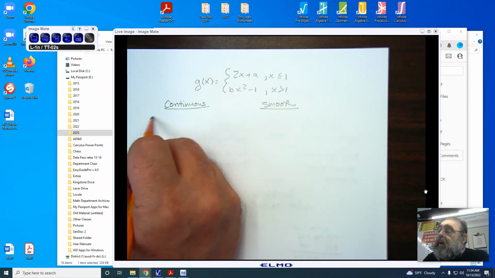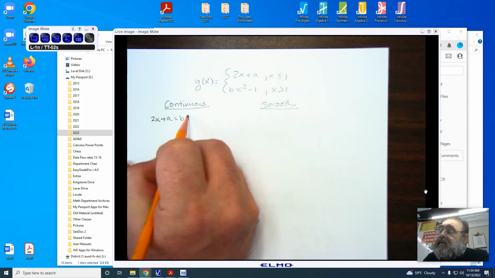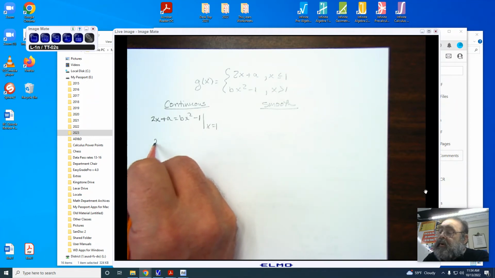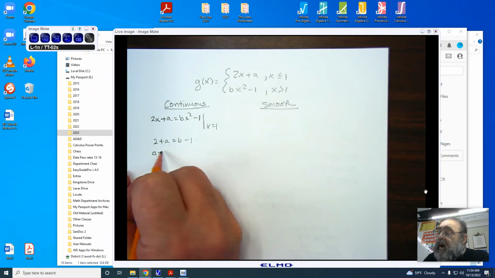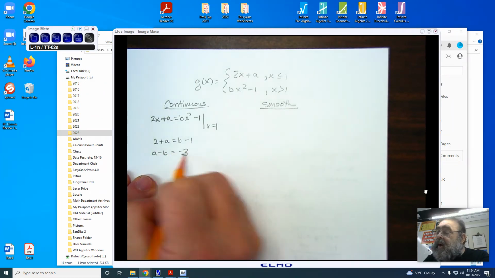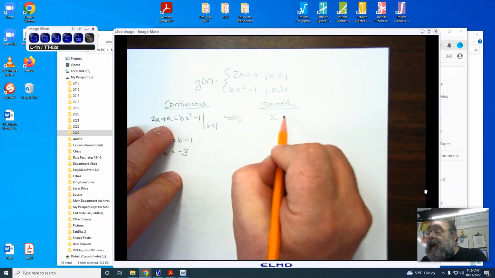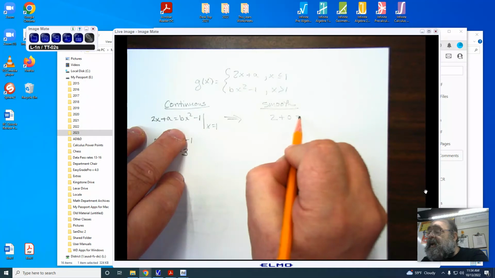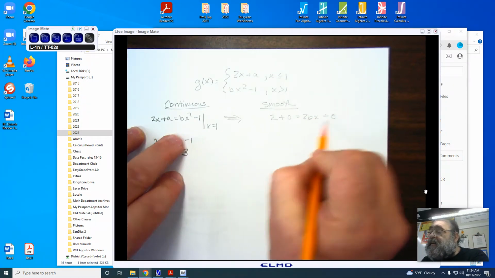Here we go. 2x plus a equals bx squared minus 1 at x equals 1. 2 plus a equals b minus 1. A minus b equals negative 3. Take your derivative. 2, a goes away. Let's just put a placeholder plus 0 so we know we've done it. 2bx, and then we have minus 0.